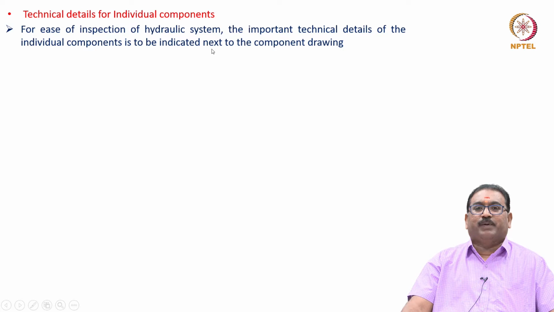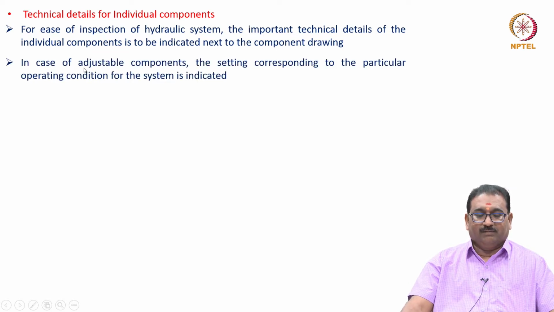For ease of inspection of a hydraulic system, the important technical details of the individual components are to be indicated next to the component drawing. In case of adjustable components, the setting corresponding to particular operating conditions for the system is indicated.